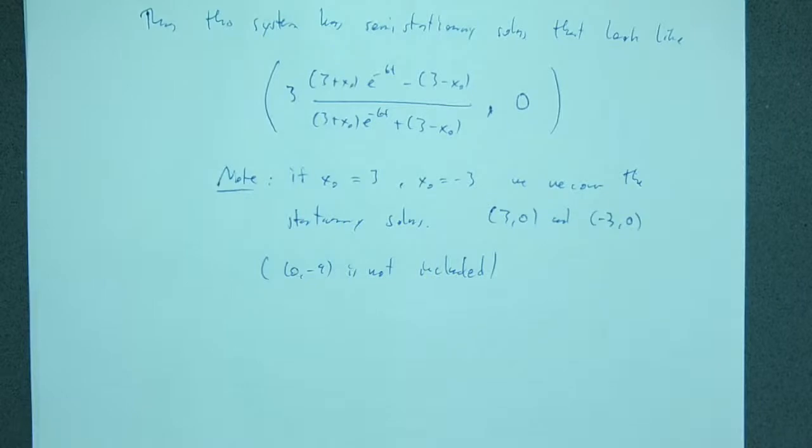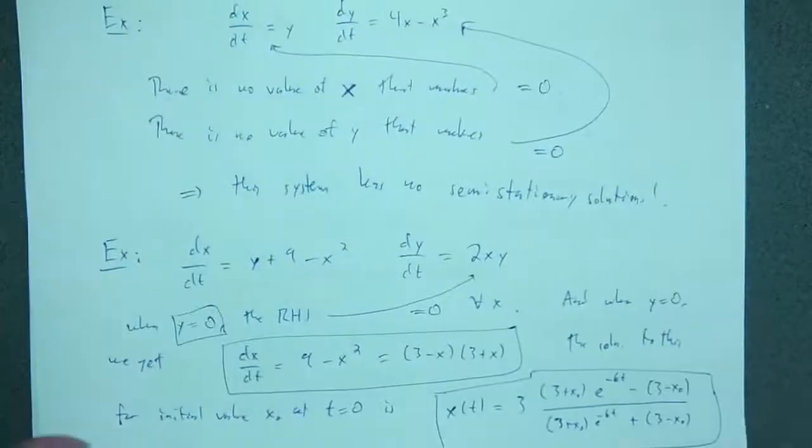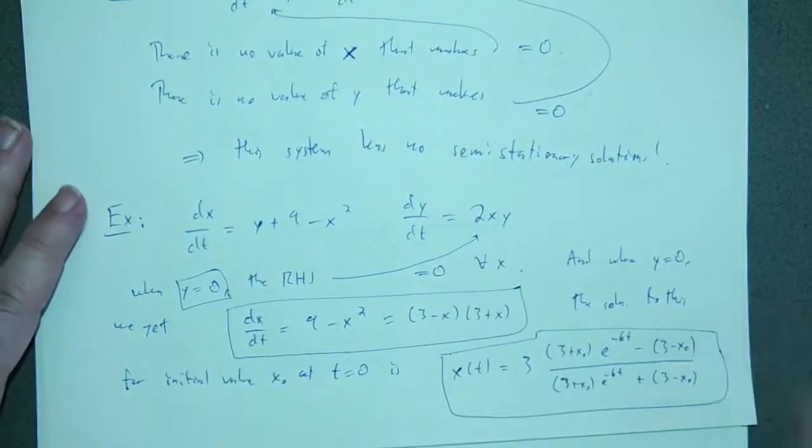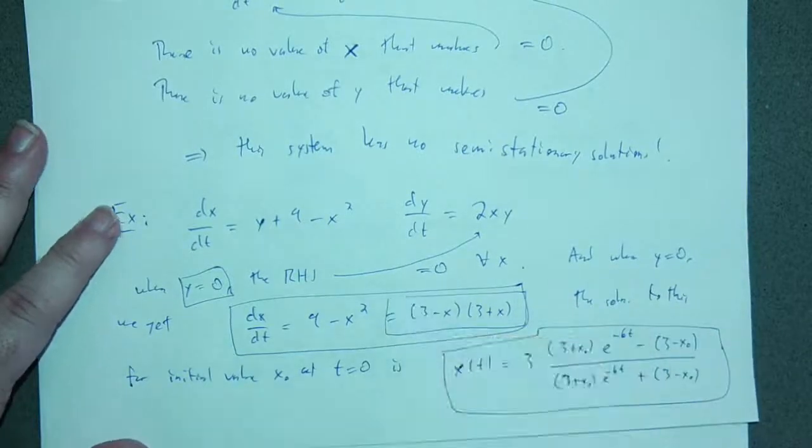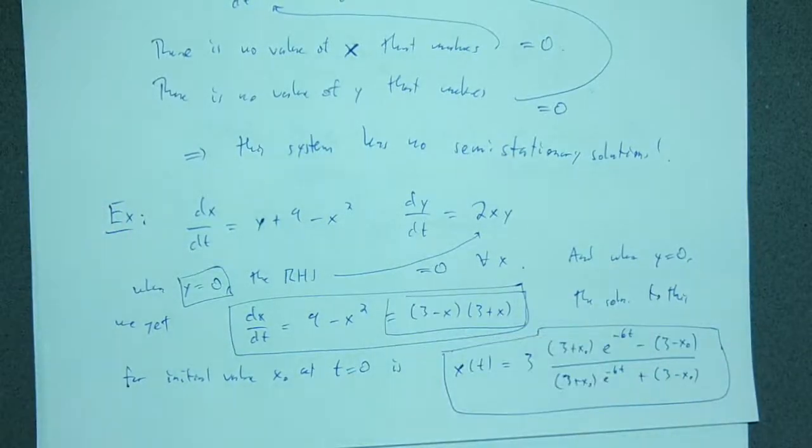Now, if you're confused about how we actually got this solution, go back to Chapter 1, Autonomous Equations, and solve this using the methods that we used. You can solve this.